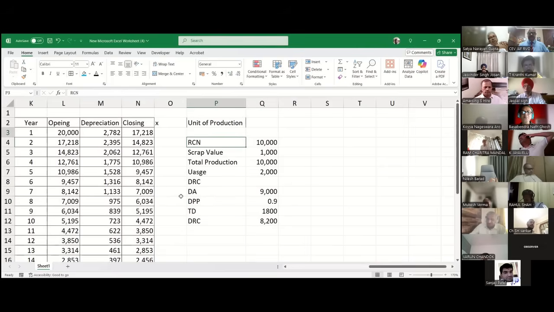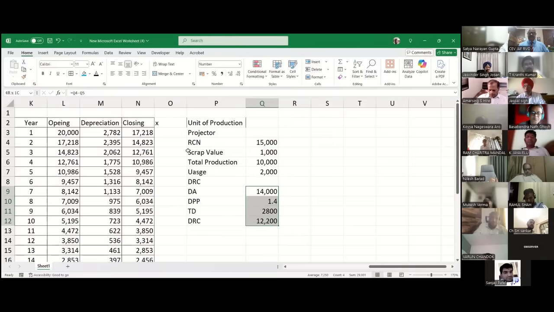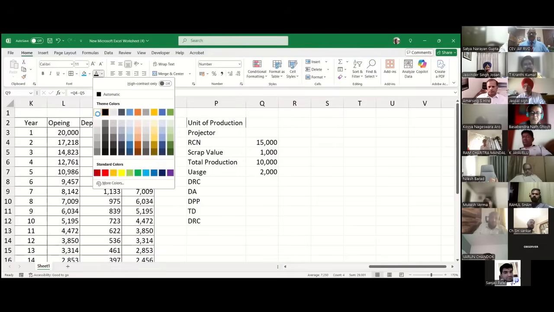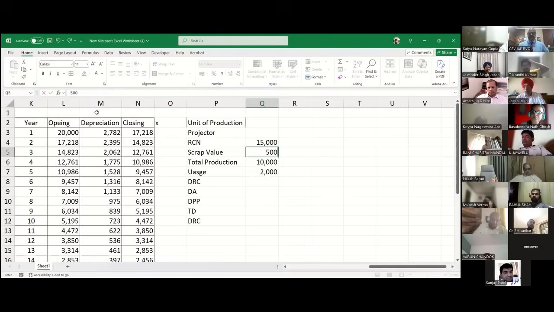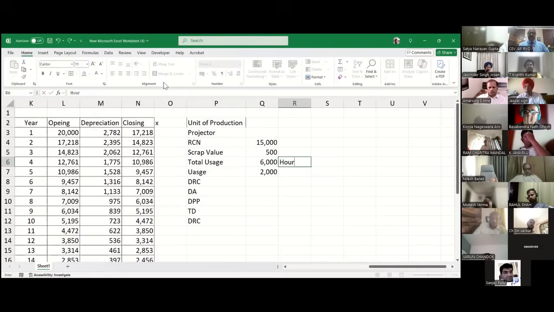Let's assume कि there is one projector, जो नॉर्मली हम प्रेजेंटेशंस के लिए यूज करते हैं. उसकी रिप्लेसमेंट कॉस्ट है 15,000. ओके, स्क्रैप वैल्यू है 500 रुपीज. उसका टोटल यूजेज रहेगा 6,000 आवर्स. ये 6,000 आवर्स तक चलेगा और अभी हम इसको 1,500 आवर्स के लिए यूज कर चुके हैं. तो व्हाट विल बी ए डीआरसी?